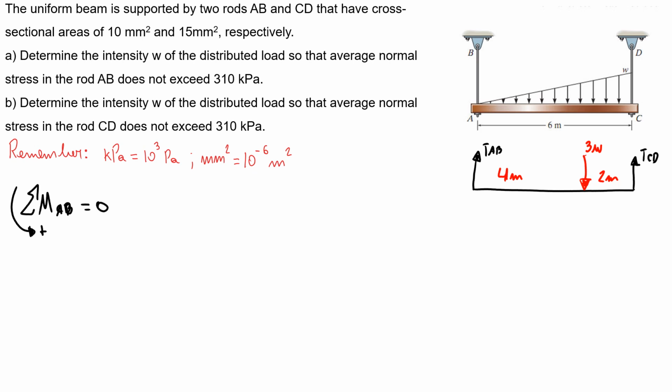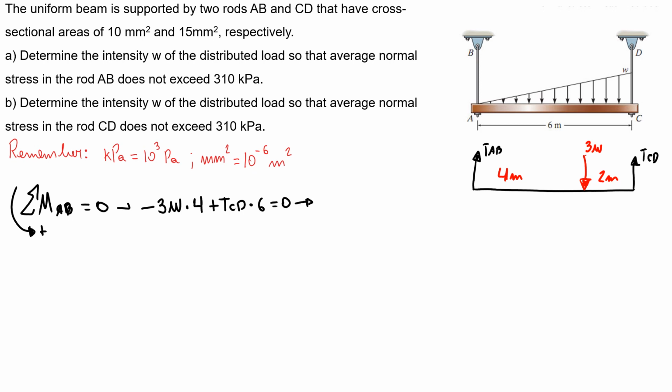equals 0. So I have my equivalent load doing a clockwise moment, so I have minus 3 omega times 4, because I'm 4 meters from A, plus TCD times 6 equals 0.